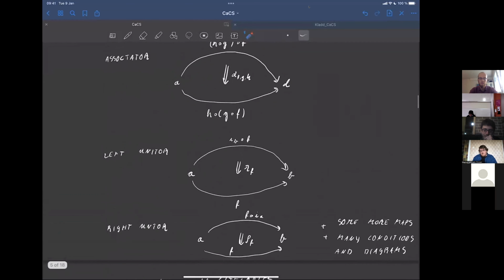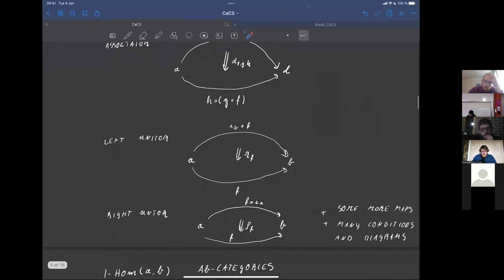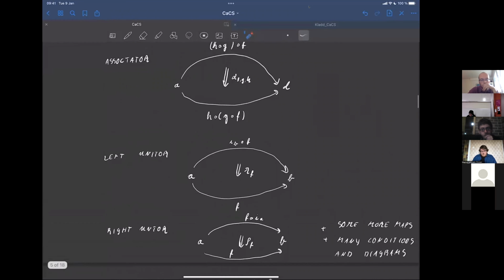Perhaps most important for us here is how we can relate the vertical composition with the horizontal composition. So we have a procedure of doing that. I will not go into that, but I think that's important to have in mind.